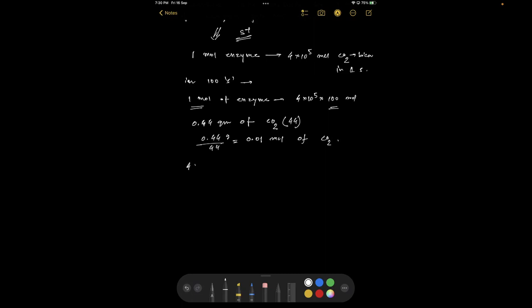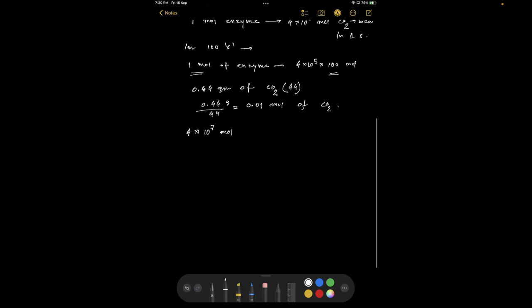Now it is easy. 4 times 10 to the power 7 mole of carbon dioxide is converted into bicarbonate by 1 mole of enzyme in 100 seconds. Now for 0.01 mole of carbon dioxide, what is the minimum amount of enzyme required?